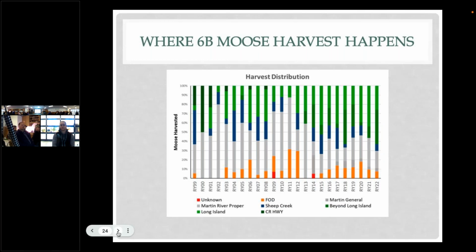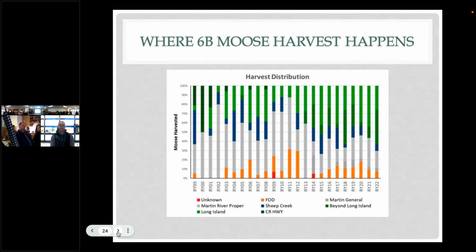Anything below the blue bars are boat supported or airplane supported. And so because they're Martin River proper, Gilded Springs area, this shows you basically that for a long time, the majority of the moose were not being taken off the road system.